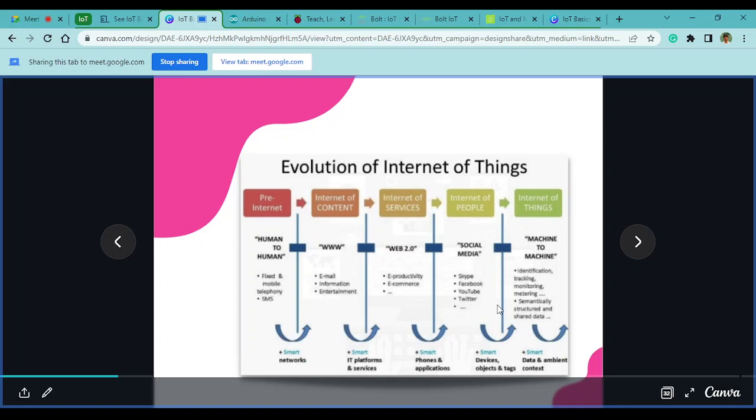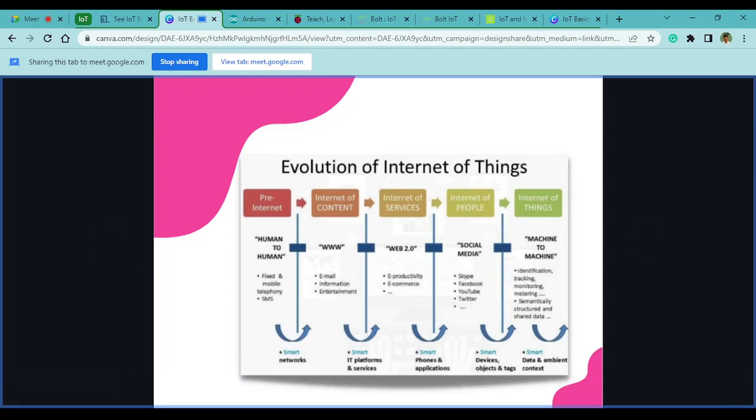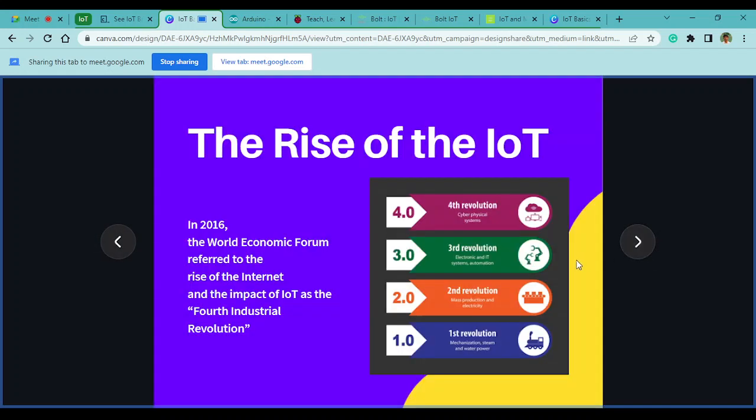After that we have this stage called internet of things, where we started using our day-to-day products to connect to the internet, so that a machine can talk to another machine, right? If we are connecting any data from our water heater or air conditioner, we can control them with just our smartphones, right? So that's the evolution of internet of things.